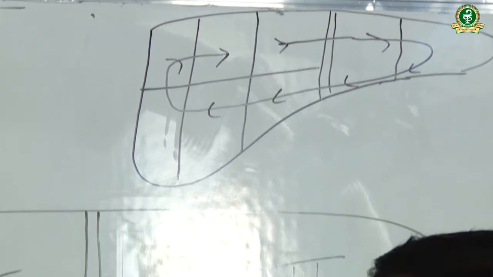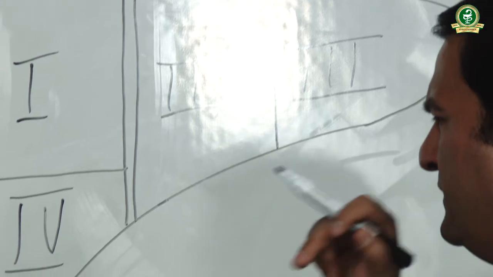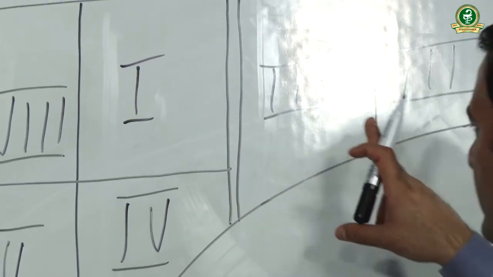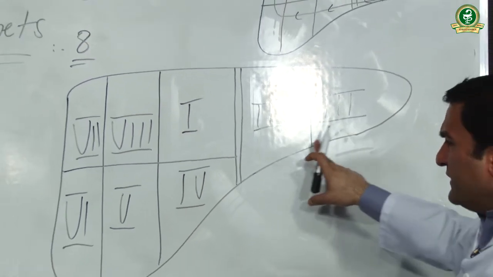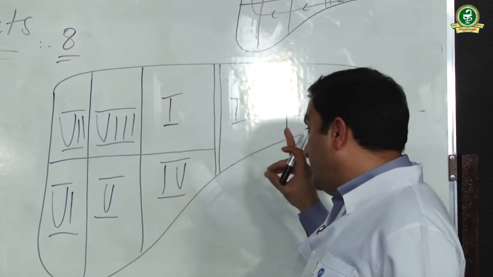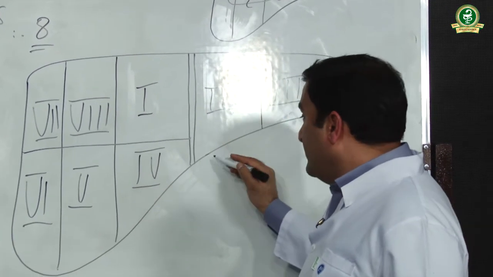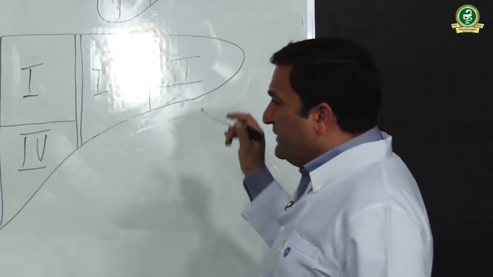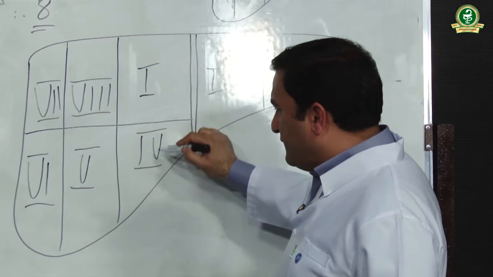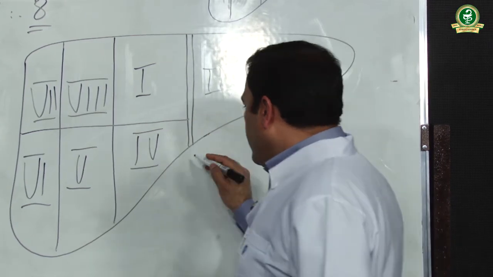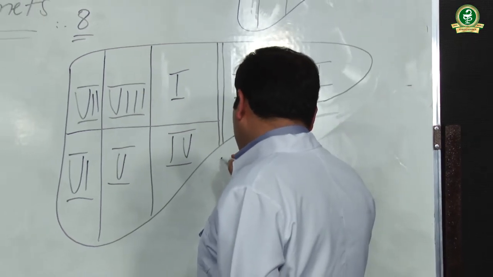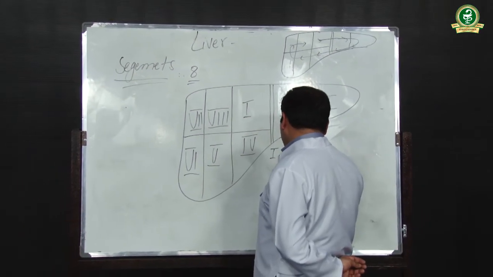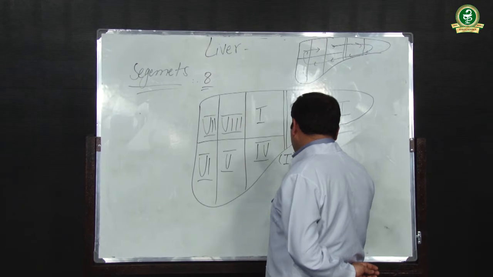The falciform ligament divides the liver into two lobes, but segments 2 and 3 are present in the left lobe, and they take their blood supply from the left lobe. That is why segments 1 and 4 are included with them. Now our first liver segment, I make it so that you have no confusion.